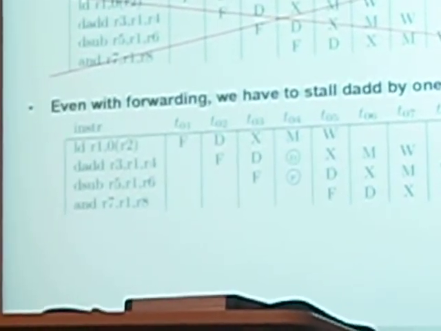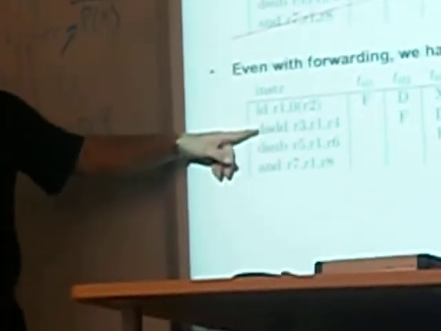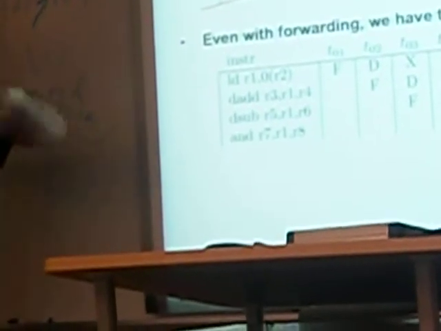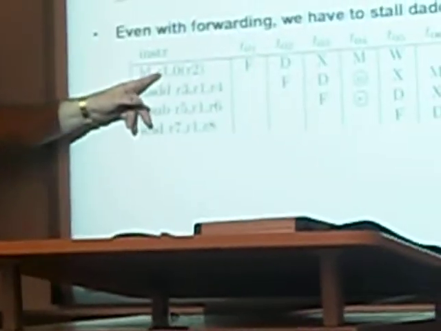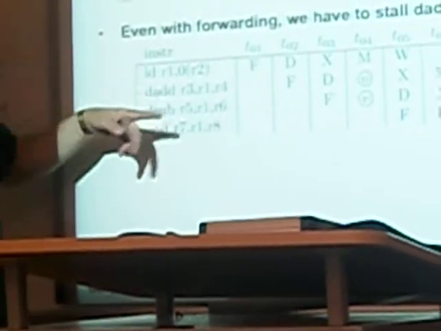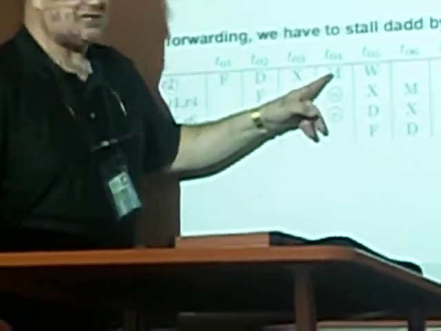Any load followed by an immediate use on the next instruction of whatever was being loaded, it could be a DSUB, an ALU immediate, a branch, anything that needs R1, can't do its thing until after the memory cycle of the producing instruction.